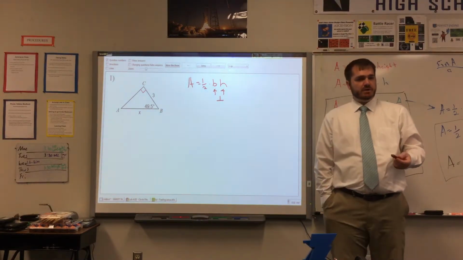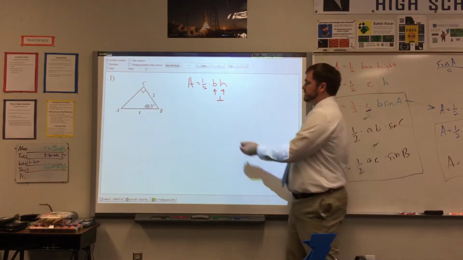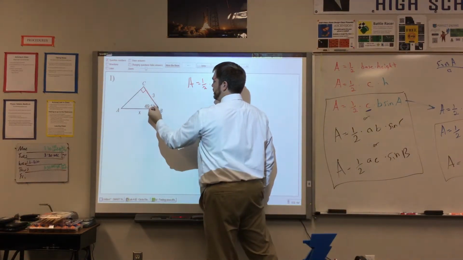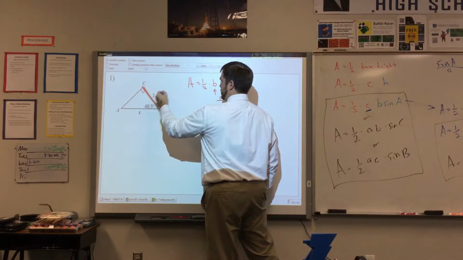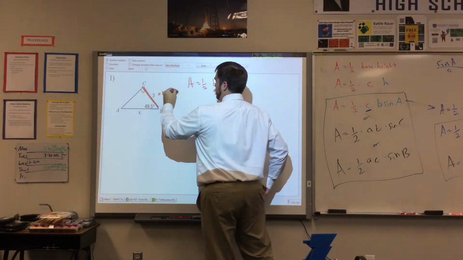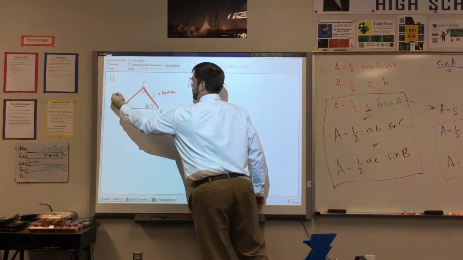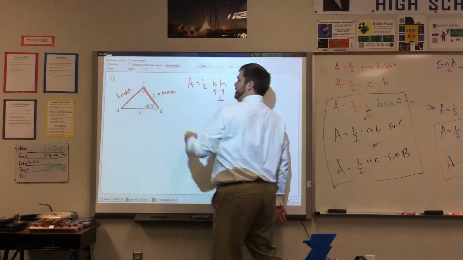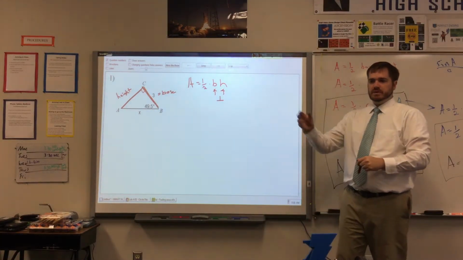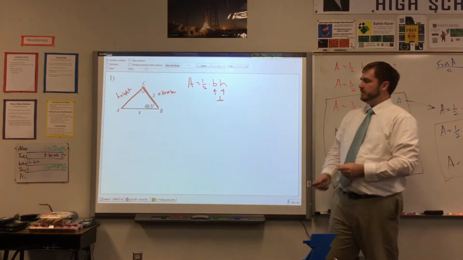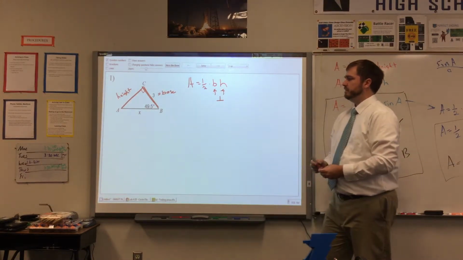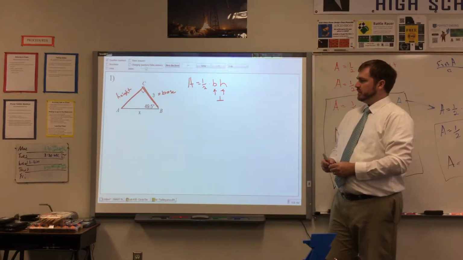So if you're given a right triangle, it makes the most sense to choose the base to be one of the legs and the height to be the other leg. That way you just take the 2 legs, multiply them together, and then divide by 2.